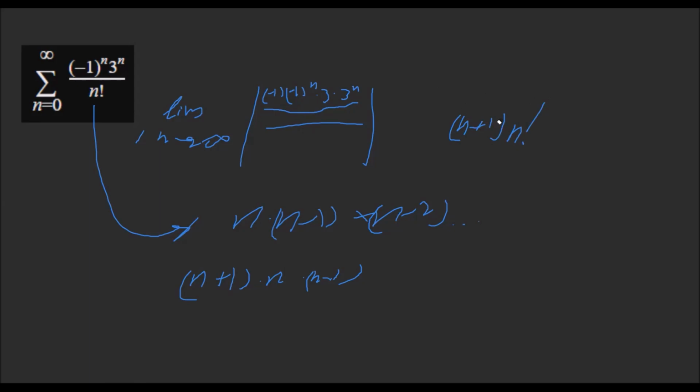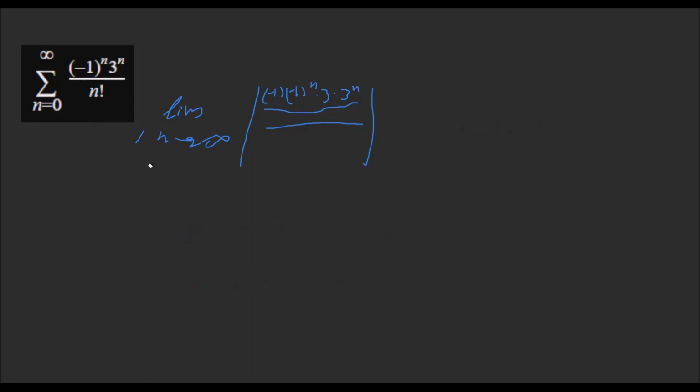And you're going to do this a lot if you ever encounter factorials while using the ratio test. So we'll just write that out. n plus 1 times n factorial, all over the regular a sub n denominator. So we're just going to write out the usual function over here. And this is a bit odd looking.